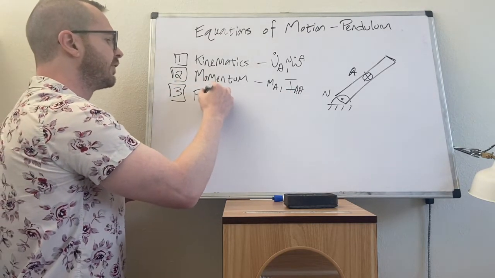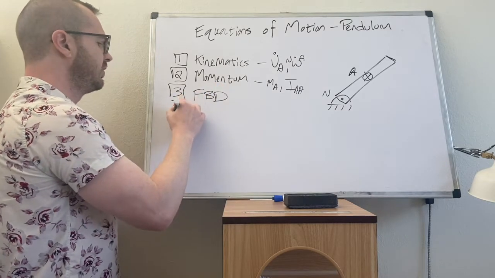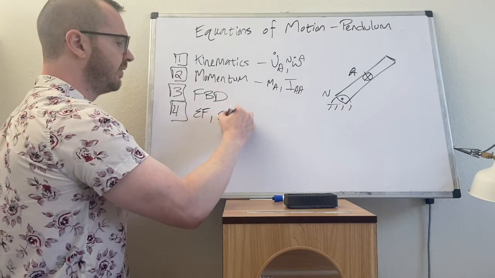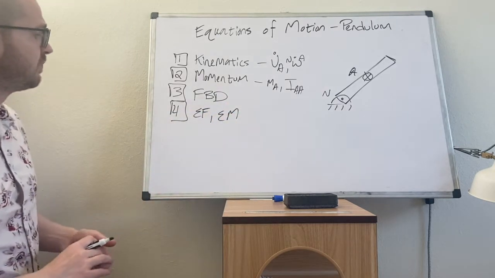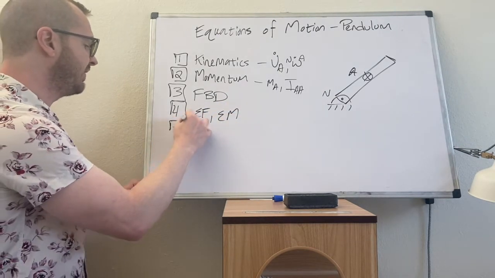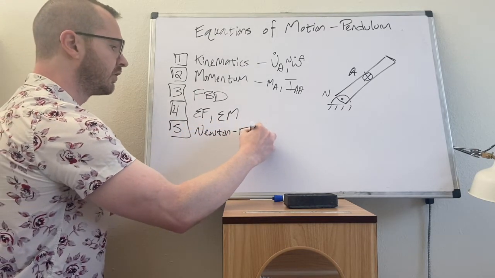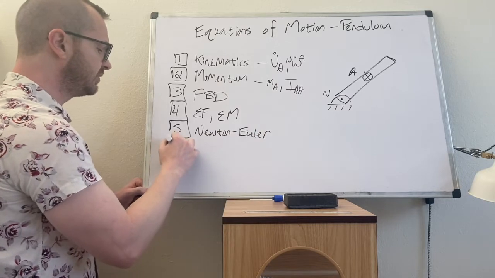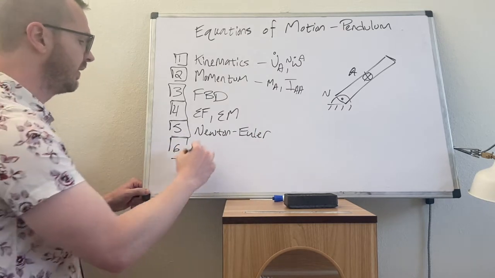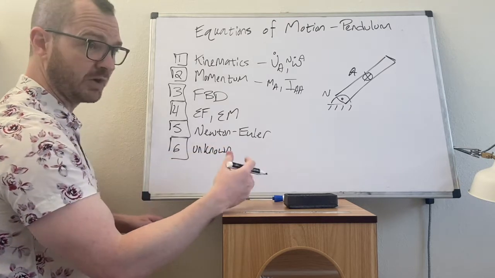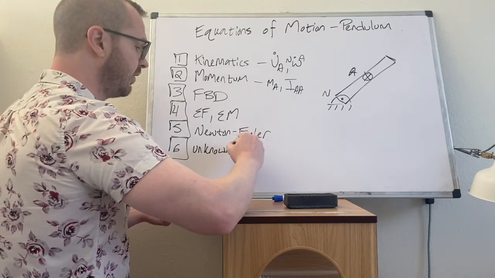Next, we need to do free body diagrams. We need to do the sum of forces and sum of moments equations. We need to combine these things into the Newton-Euler equations, and we need to make sure that all of the unknowns, so the unknowns in this case are going to be the reaction forces, are eliminated.